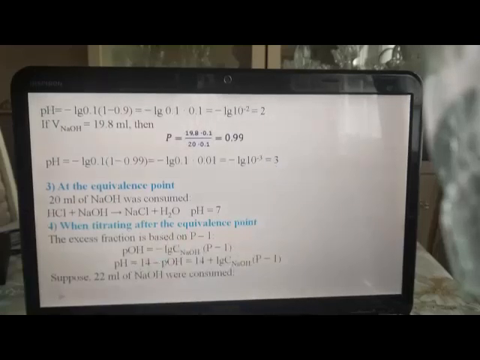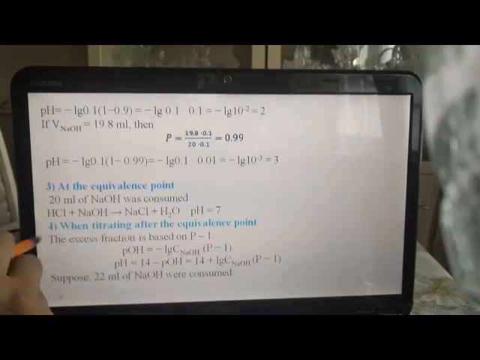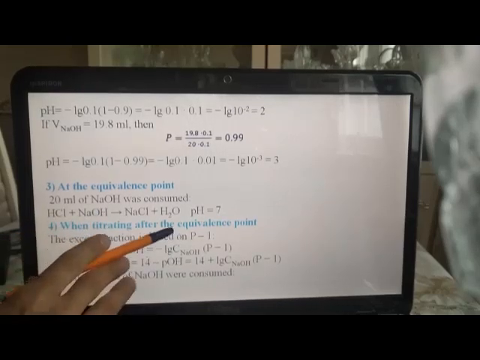At the equivalence point, for example, 20 milliliters of sodium hydroxide was consumed in the titration of hydrogen chloride with sodium hydroxide, pH equals 7.